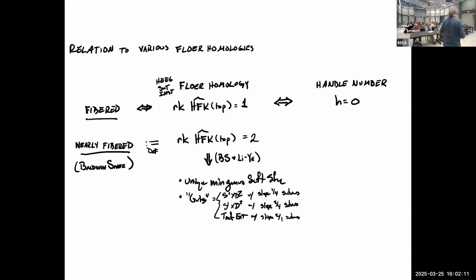And then if you start chopping down the complement of this unique minimal genus Seifert surface and squishing down all the product parts you can, getting rid of all the things that would be fibered, you're going to get something that's not fibered, right? So that's what we tend to call the guts.